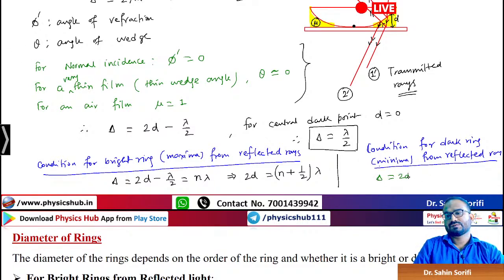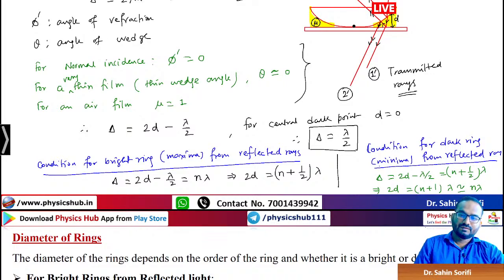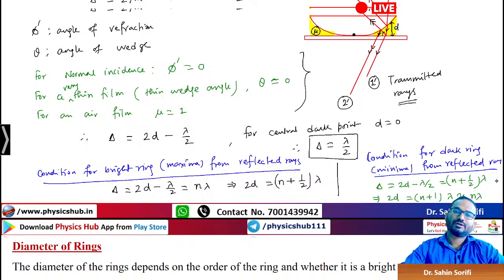Delta, that is 2d minus lambda by 2, would be equal to n plus half lambda. That means 2d is equal to n plus 1 times lambda, which you can approximate to n lambda. Understood? So these are the conditions of bright ring and dark ring.